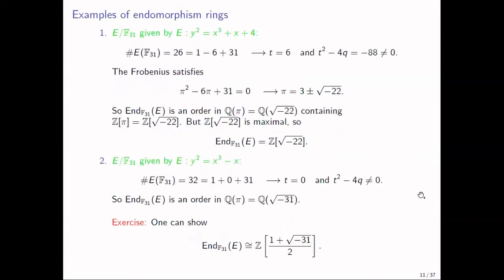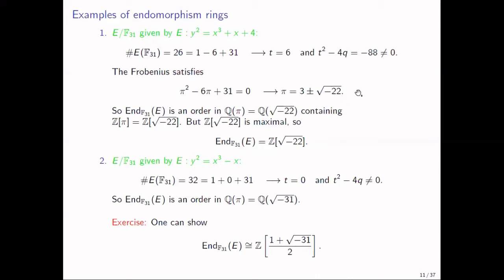And so now let's go through some examples. We have this elliptic curve over the field of 31 elements. You ask Sage to give you the number of points. You figure out that the trace t is 6, and the discriminant you compute as minus 88. And by solving this equation, you find that pi is 3 either plus or minus the square root of minus 22.